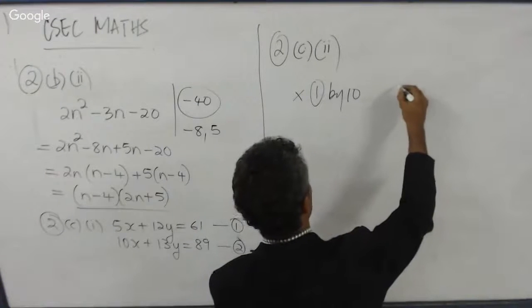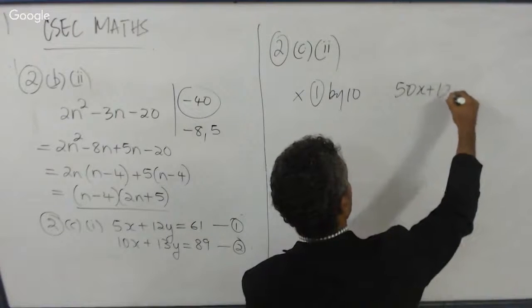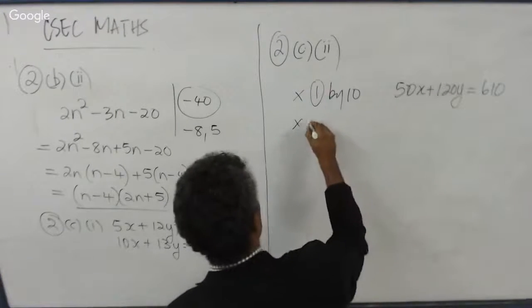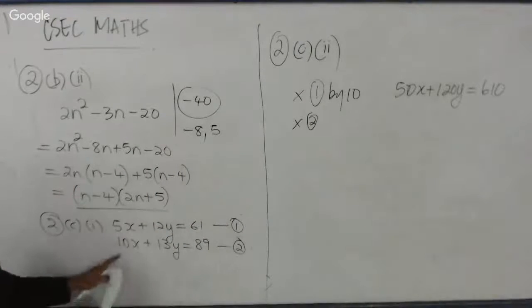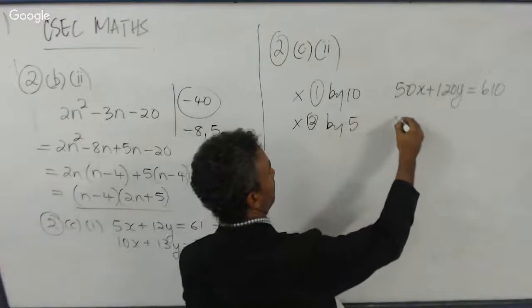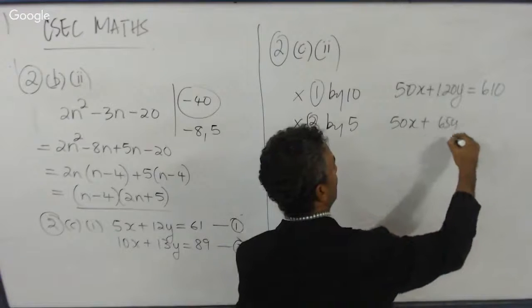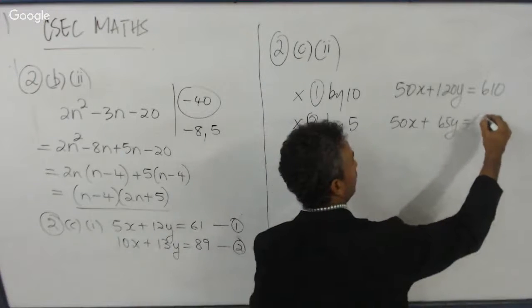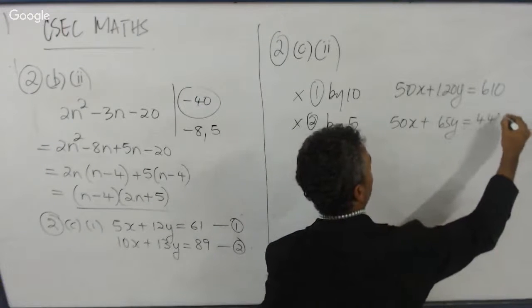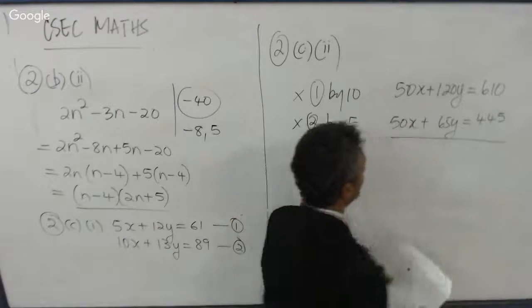So I get 50x plus 120y equals 610. Multiply the second one by 5: 50x plus 65y equals 445. In this case now, we're getting rid of x.